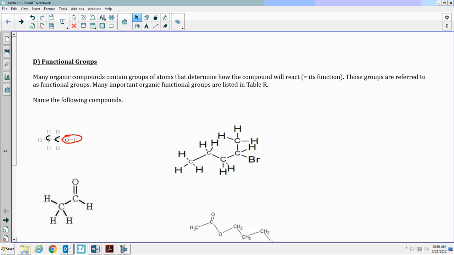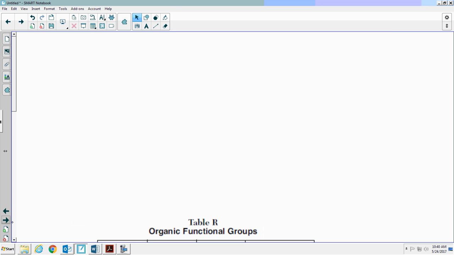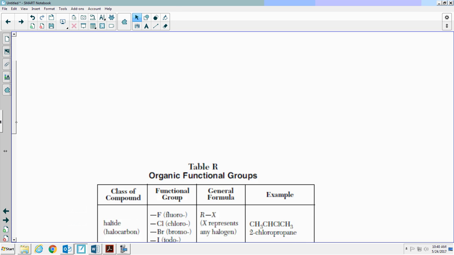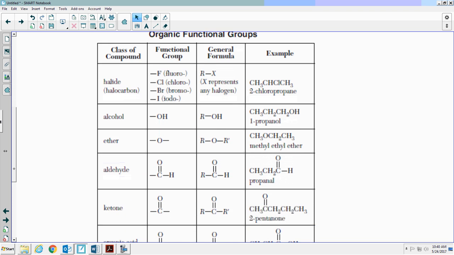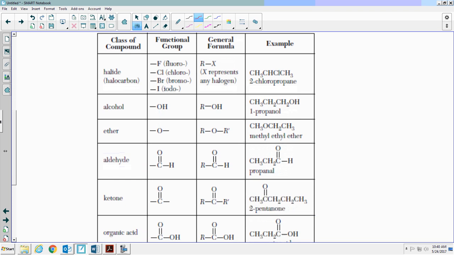Now if you switch over to Table R and look for that functional group, you will find that it is a class of compound called alcohol. If we put it together with the rest of the molecule, we get an actual alcohol.